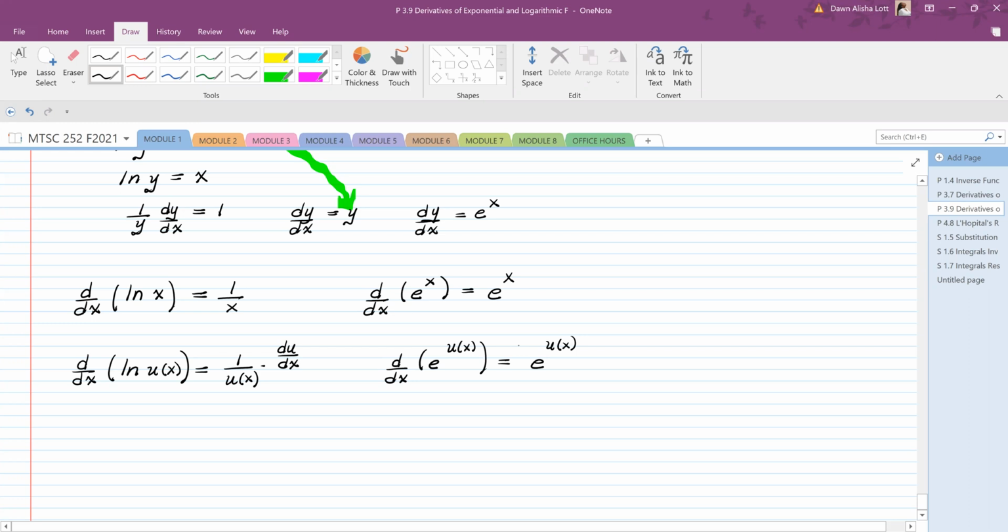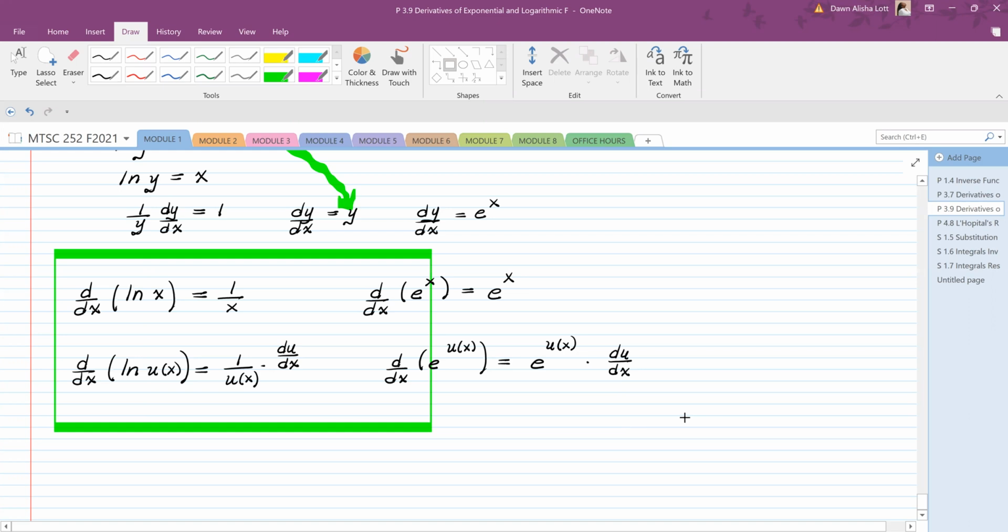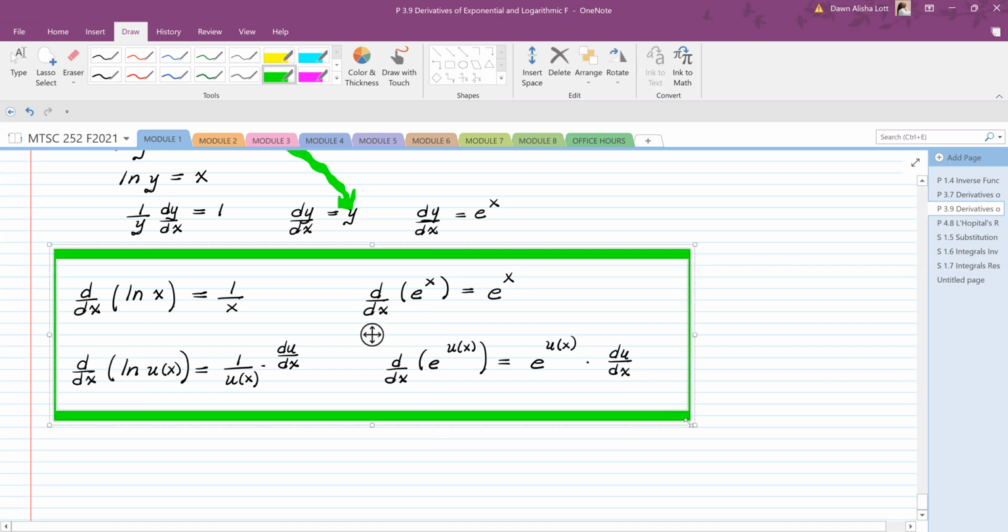But just like the chain rule, I have to multiply by the derivative. So these four are how to take the derivative of the natural log and the exponential.